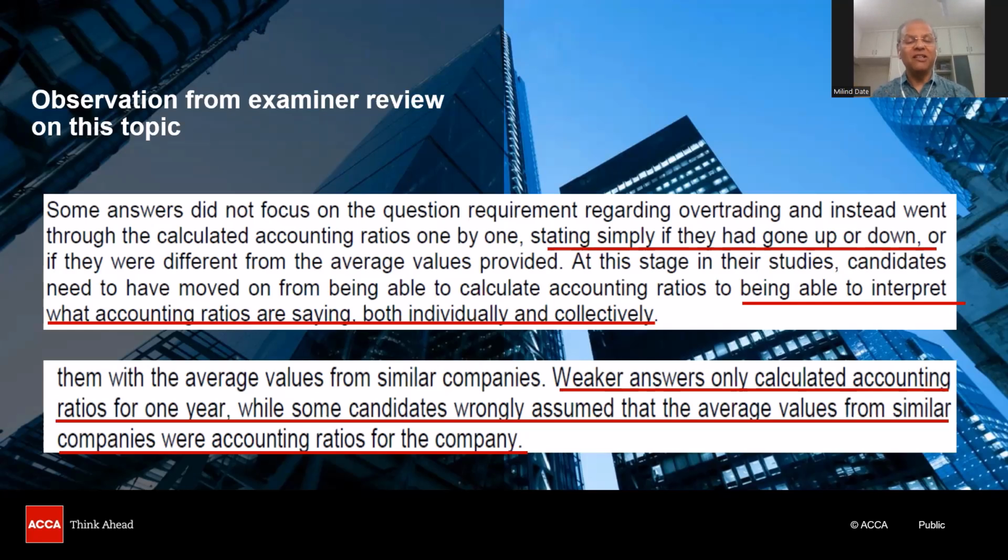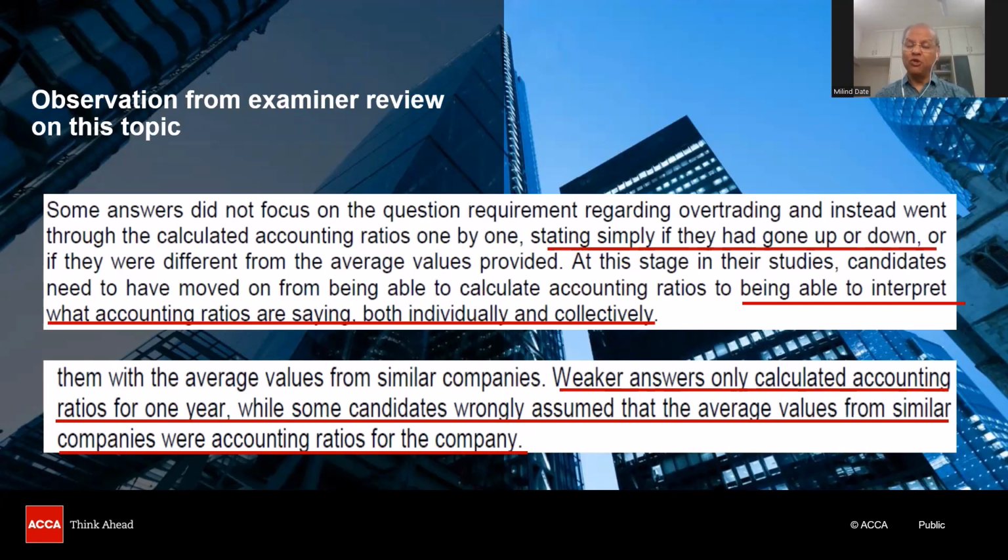Another comment which the examiner has made says that weaker answers only calculated accounting ratios for 1 year, while some candidates wrongly assumed that average values from similar companies were accounting ratios for the company in question. Now these are weak signs of students who are not appropriately prepared.